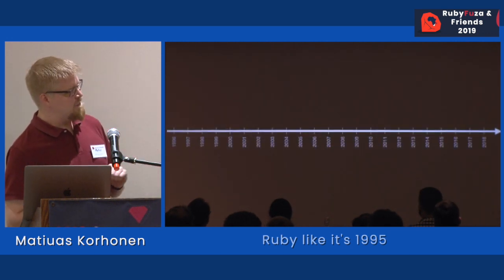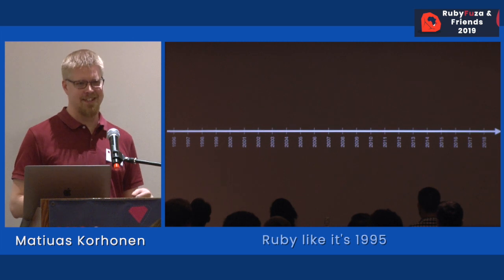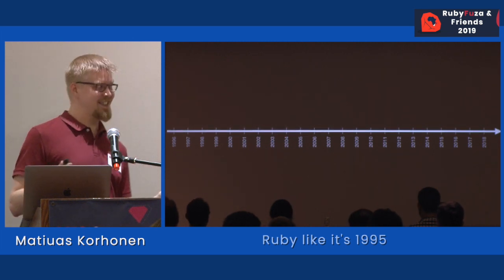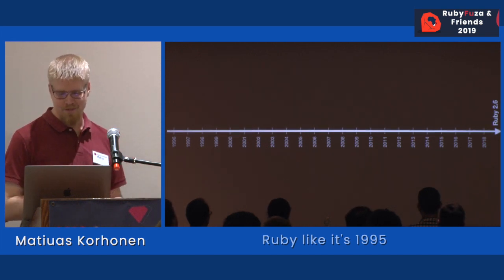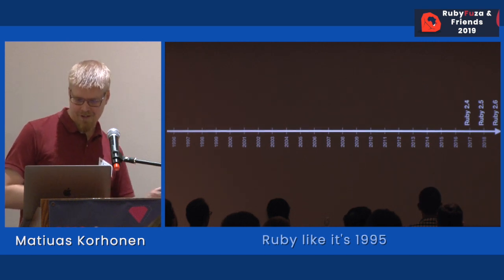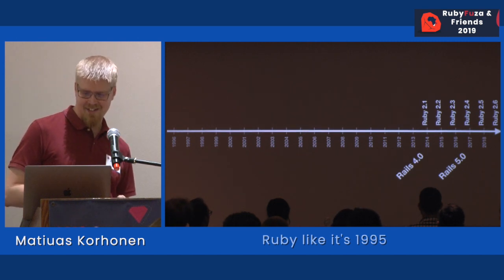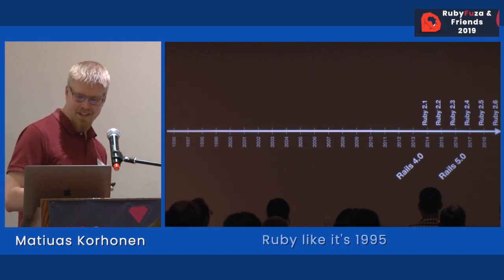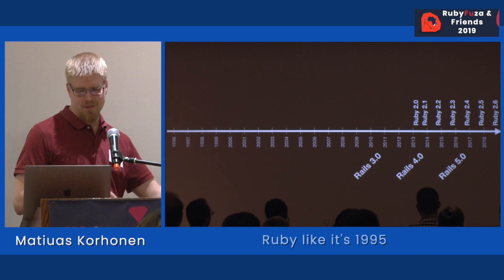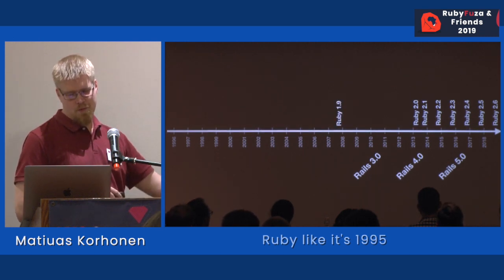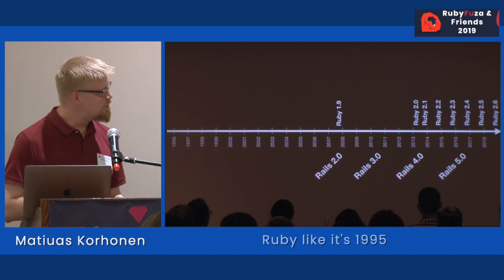And then a quick reminder of how long ago 1995 actually was. Because if you're like me, you always think that the 90s were 10 years ago, and they weren't. So we got Ruby 2.6 in December 2018, 2.5 the year before, 2.4, also Rails 5, 2.3, 2.2, 2.1, Rails 4 in 2013. Ruby 2.0, also at the beginning of 2013, and Rails 3 in between there, and Ruby 1.9 in 2007, and also Rails 2.